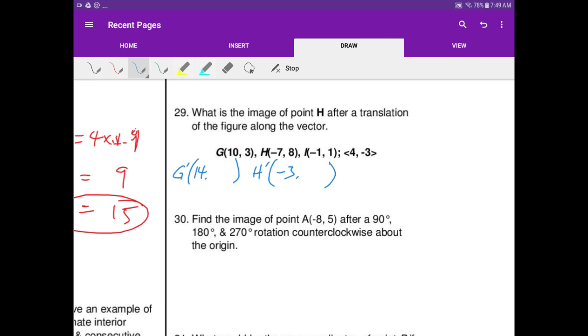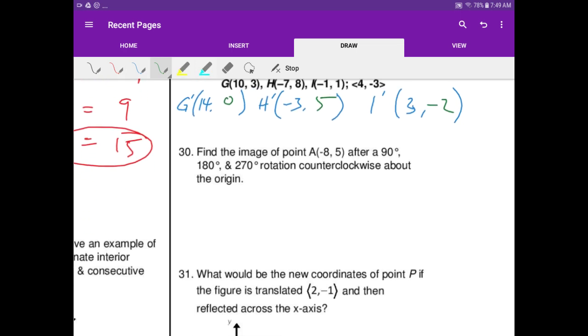And then I prime is going to be 2. No, 3. And then for the y, you subtract 3. So 0, 8 minus 3 is 5, 1 minus 3 is negative 2. There you go.